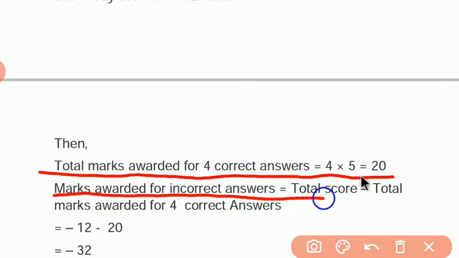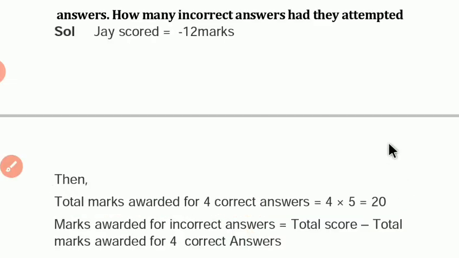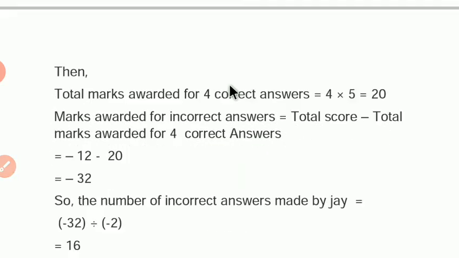It means after solving 4 correct answers he got 20 marks, but after solving the correct questions also he got minus 12. It means he has done many incorrect answers. That's why from 20 he got negative marks. So first we will find the marks awarded for incorrect answers. So how can you find?